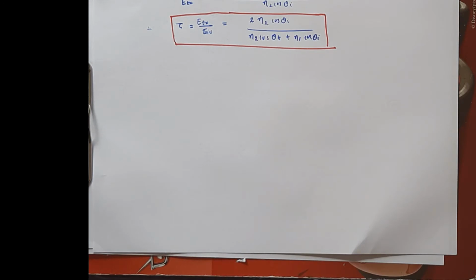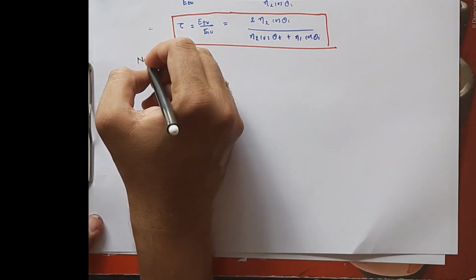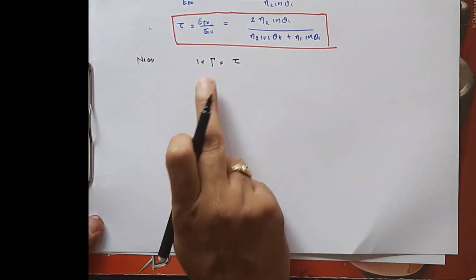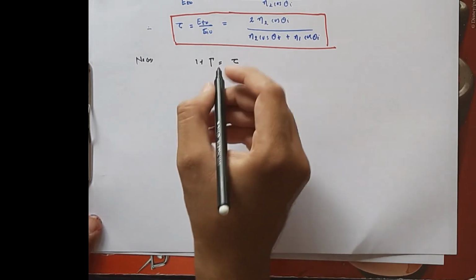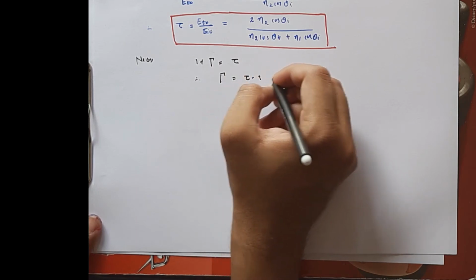Now we know the relationship between transmission coefficient and reflection coefficient. By the relation, 1 plus capital tau is equal to small tau, where capital tau is the reflection coefficient and small tau is the transmission coefficient. So capital tau is equal to small tau minus 1.